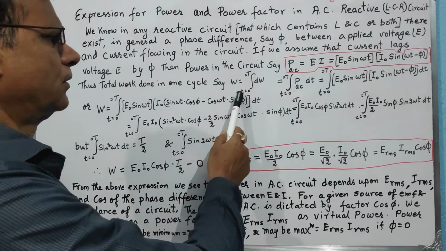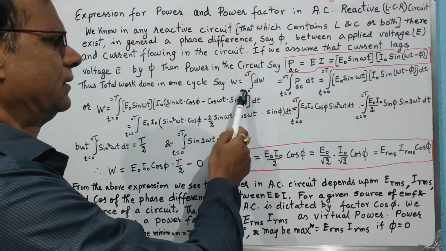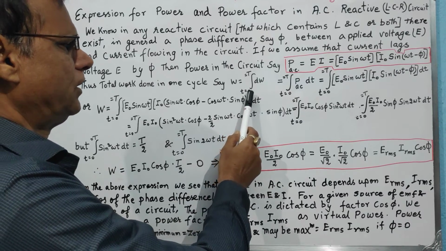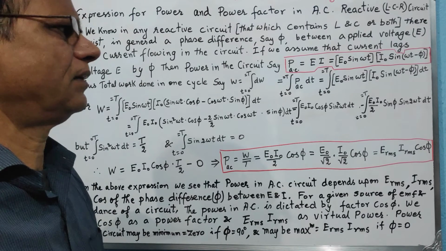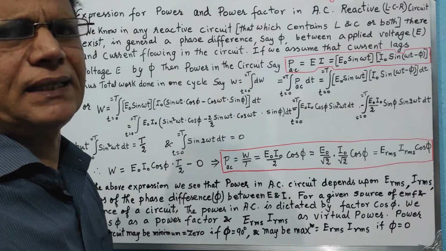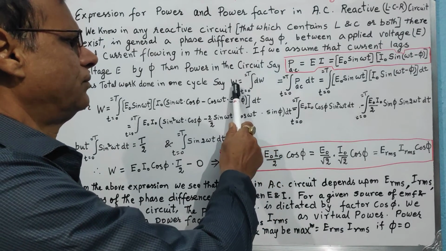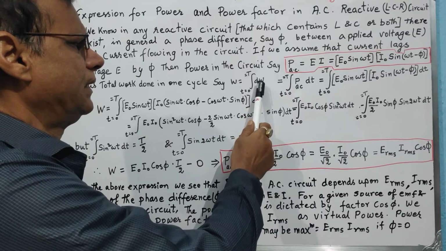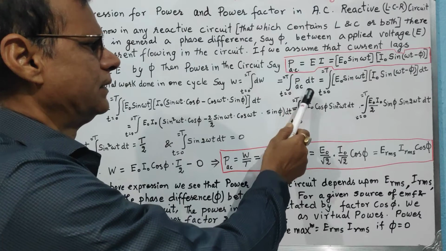Now we can find the work done in one complete cycle, that is, for the time duration t equal to 0 to capital T, where capital T is the time period of the applied AC wave. The total work done can be found by integrating the work done in time dt.